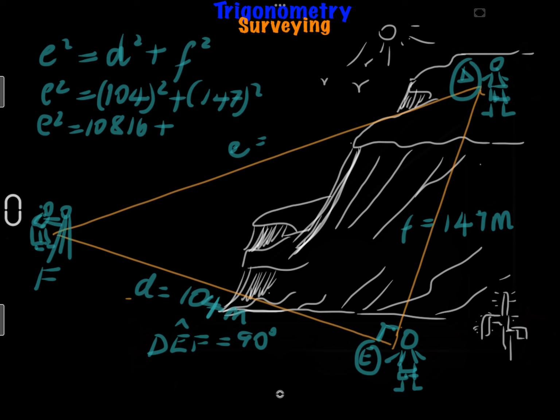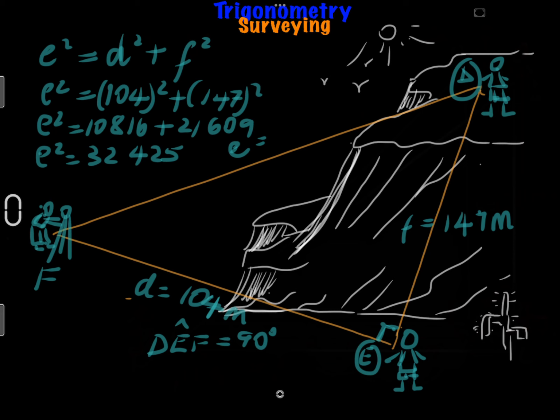plus 147 raised to the second power, which gives us 21,609. e squared is equal to, when you add those two values together, we get 32,425.